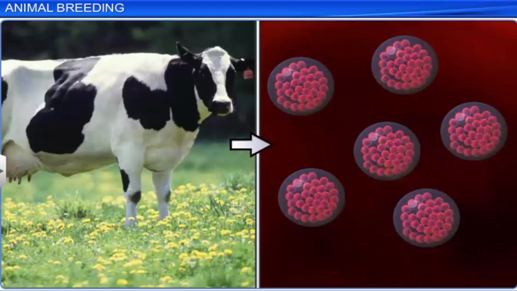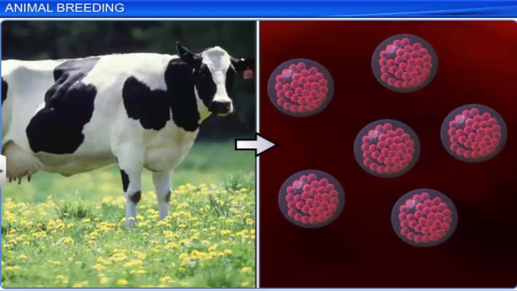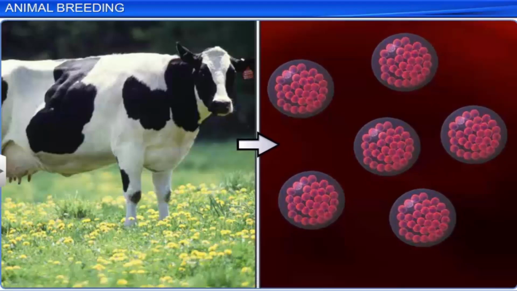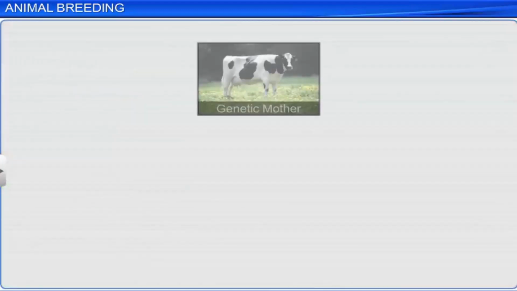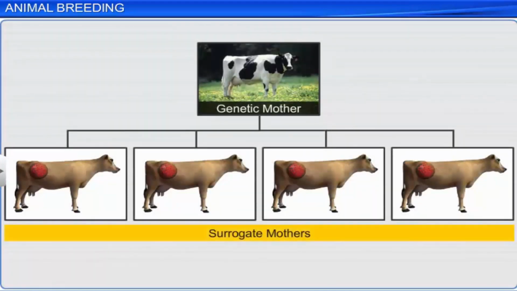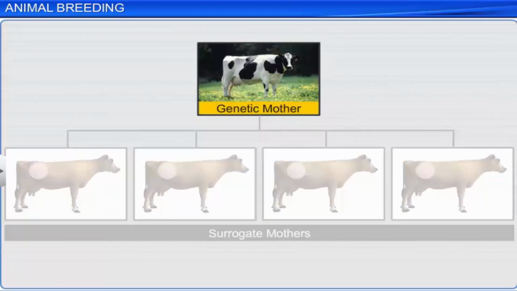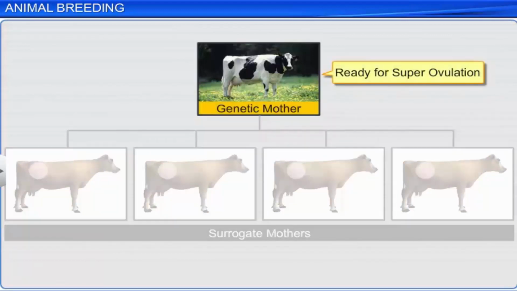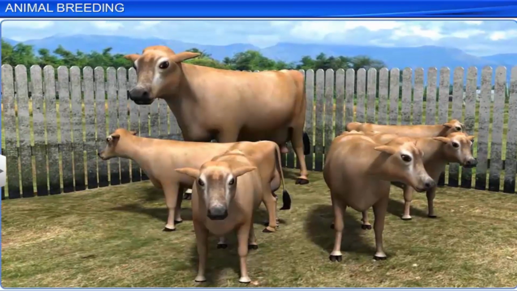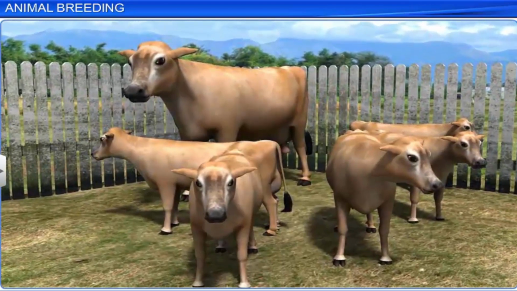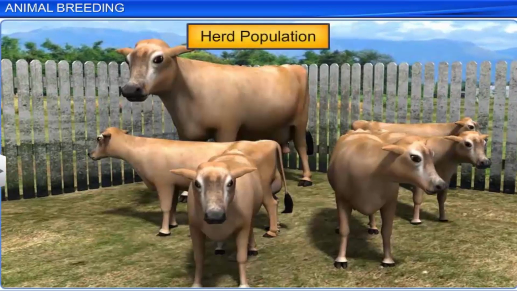When the fertilized eggs reach the 8 to 32 cell stage, they are non-surgically removed and then implanted into different surrogate mothers for further development in a process called embryo transfer. Now, the female animal can be used for superovulation once again. In this manner, MOET helps increase the herd population containing desirable characters in a short span of time.